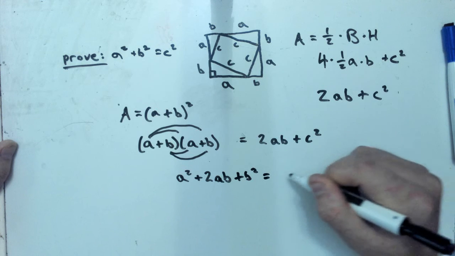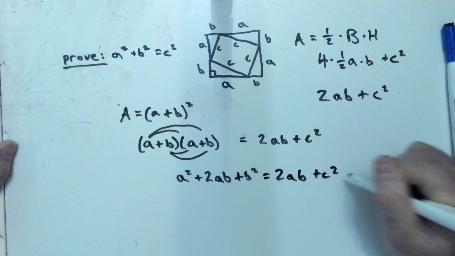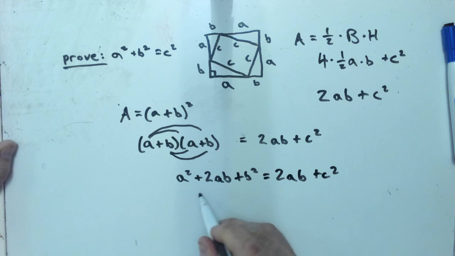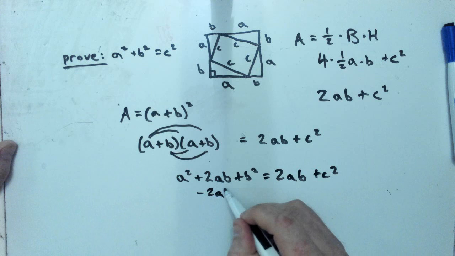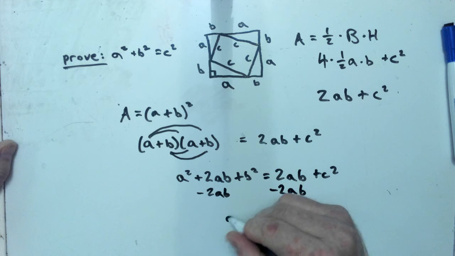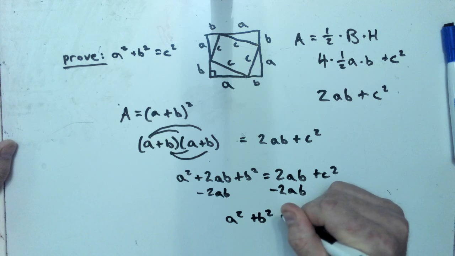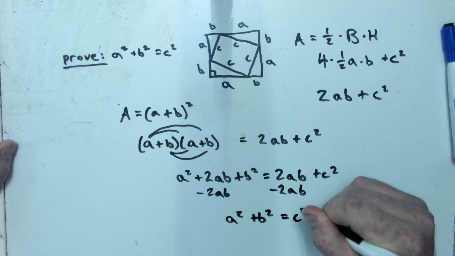And this is equal to 2AB plus C squared. Now, if I subtract 2AB from both sides of this equation, I end up with A squared plus B squared on this side, and that's equal to C squared.